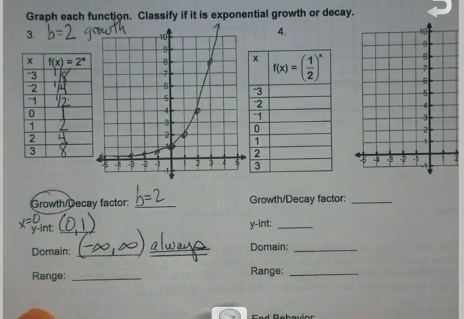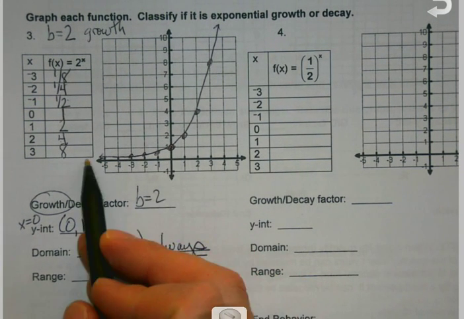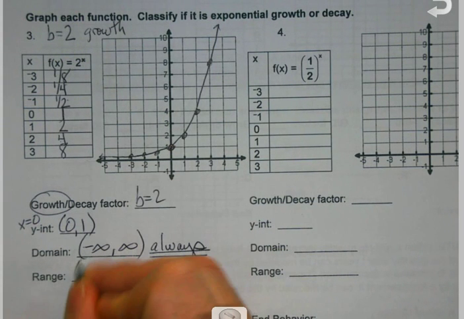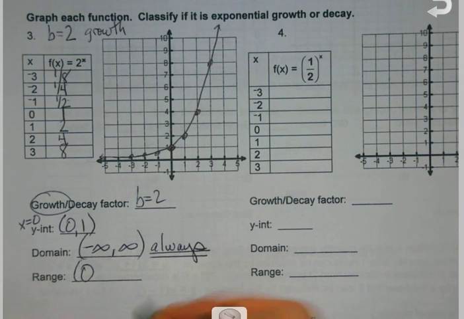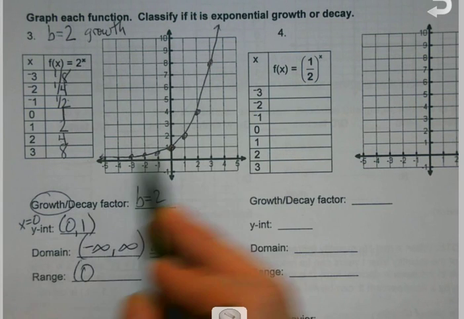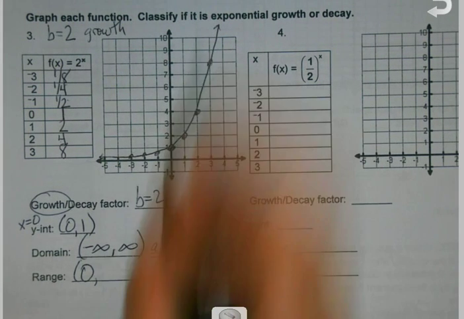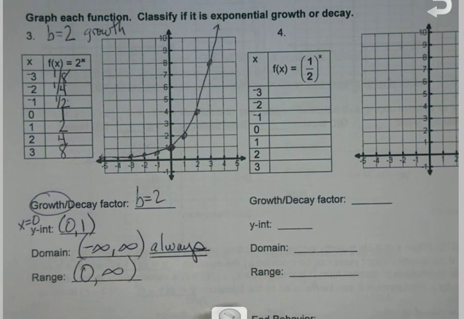Now my range, it depends a little bit. My range, if I go from bottom to top, what value am I getting really close to on the bottom? 0, because I never see it go into the negatives with my y, but it goes up forever. Okay.